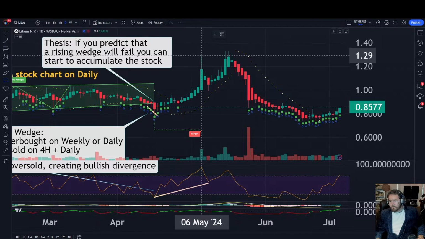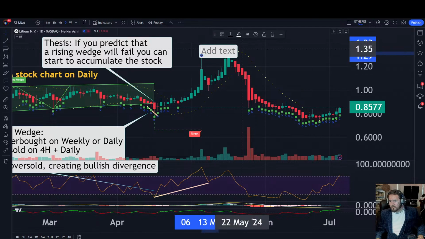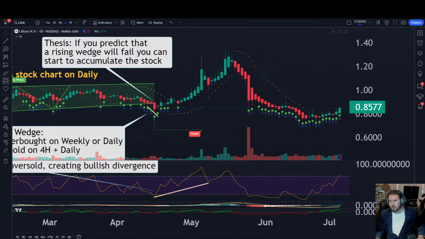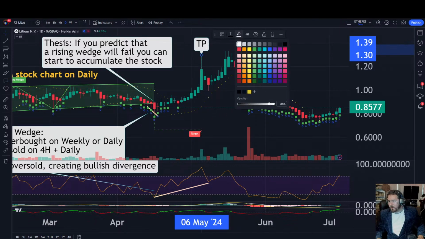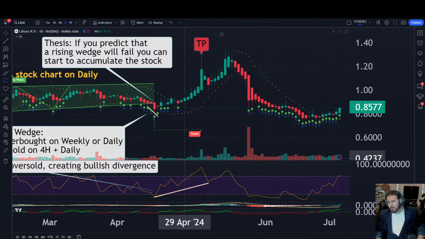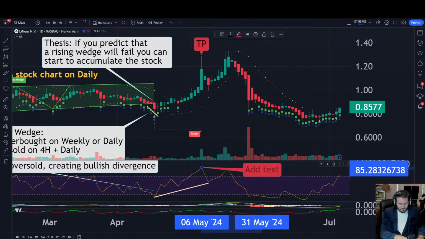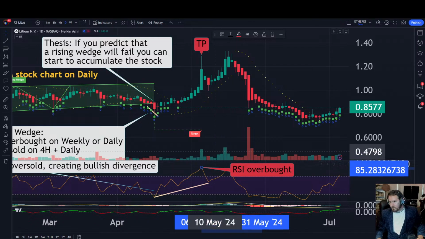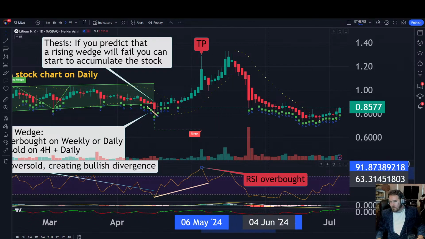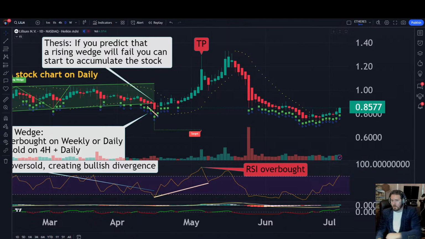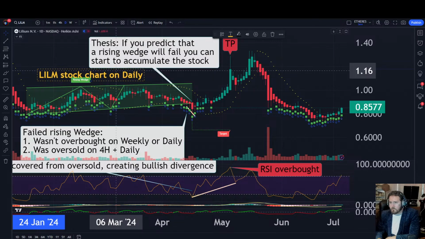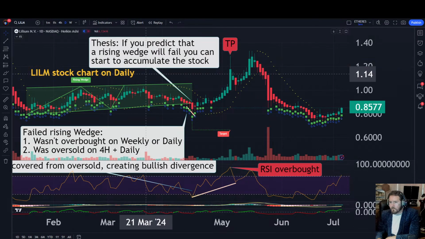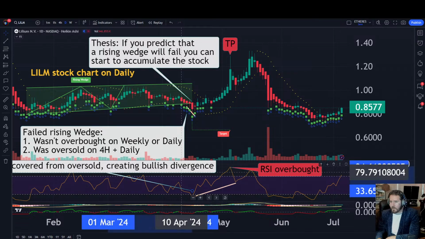And then you can start taking profits when RSI is overbought. Can I fit all of this in one chart? I think this is okay.